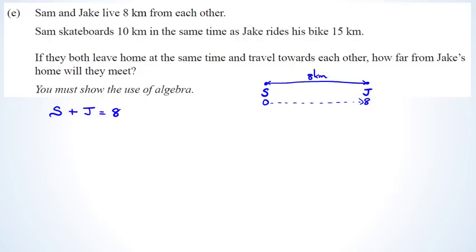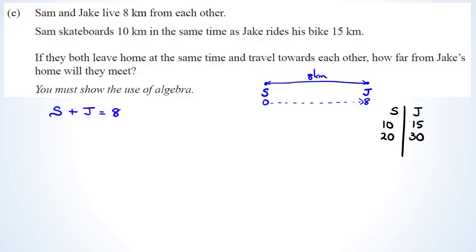Now, the second thing it says is that Sam skateboards 10Ks in the time Jake rides his bike 15Ks. So I'm going to create a small little table here. So when Sam skateboards 10Ks, Jake rides 15. If Sam goes 20, I've doubled it, so he should go 30.